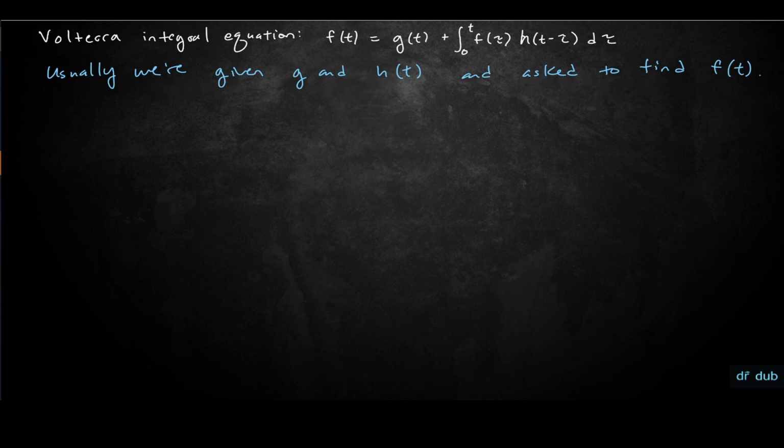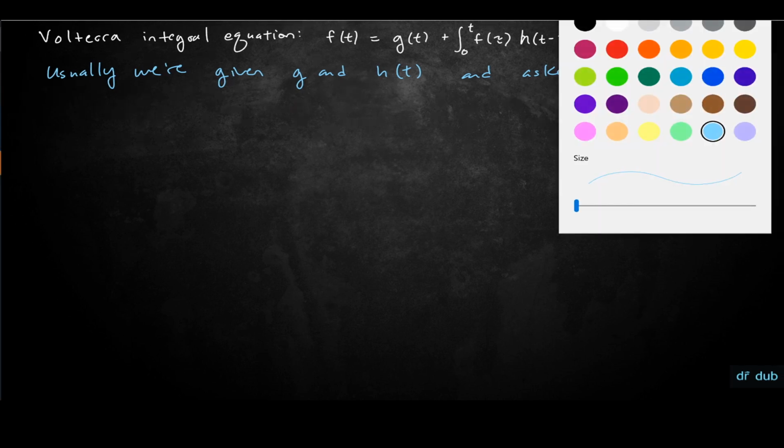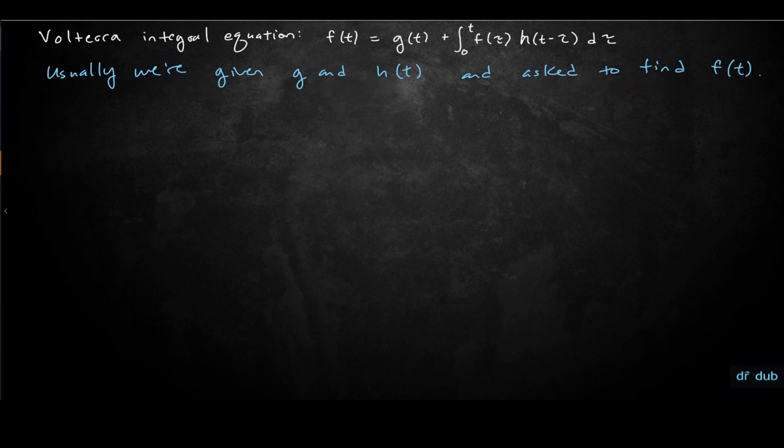You have to find the function f that satisfies this equation, just like you would for a differential equation, except this has an integral in it. I mean, there could be derivatives in there too. It could be like y prime equals g plus integral 0 to t y, and then some function d tau. So it could be an integral differential equation, but this is just an integral equation. There's no differentials in it. So, yeah, this is called the Volterra integral equation.